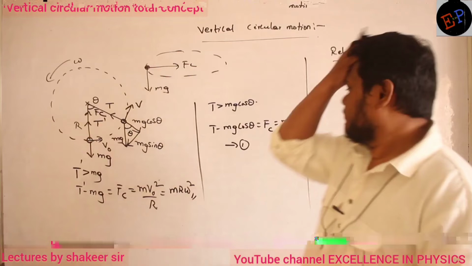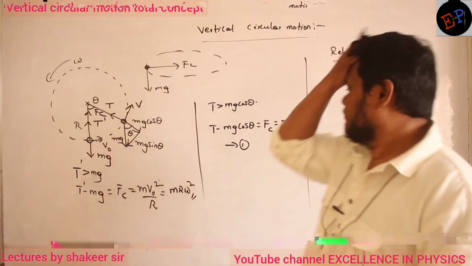And similarly, case number 2. Initial velocity was how much? Root 4 gl. Alpha value 180. So velocity was becoming 0 at 180 degrees. Clear, no? Beta value 133 degrees. So what is meant by 133 degrees?